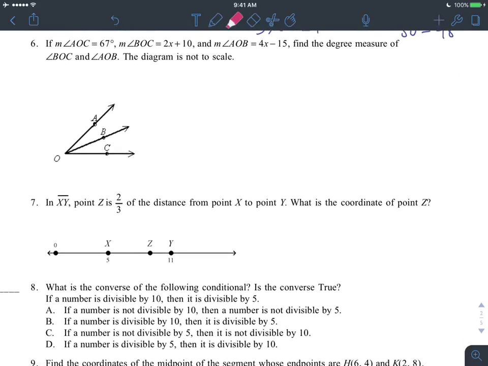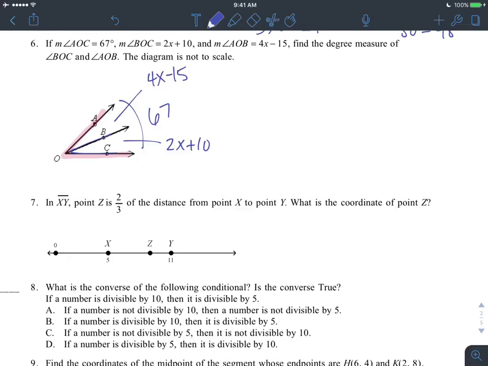All right, number 6, it says AOC. This angle is 67 degrees. It tells us that BOC is 2x plus 10 and AOB is 4x minus 15. It says find the degree measure of those two angles.